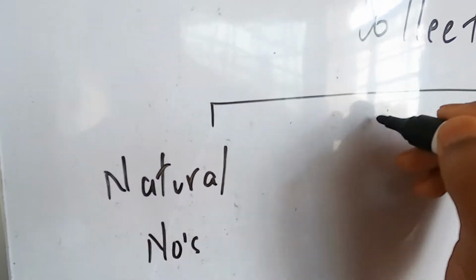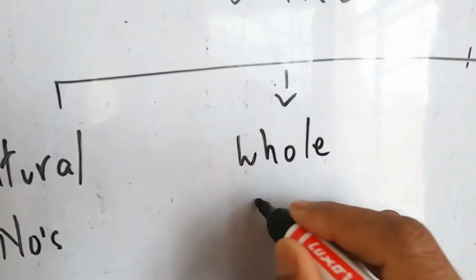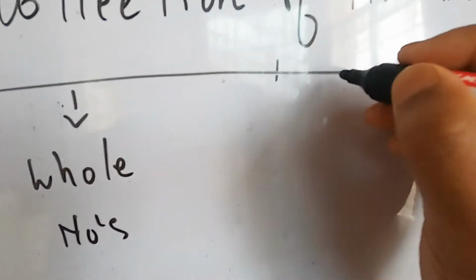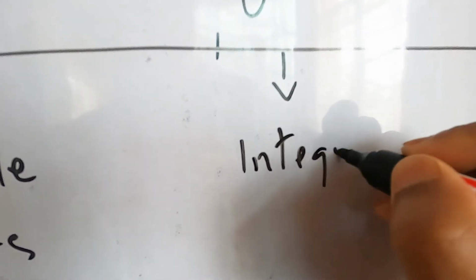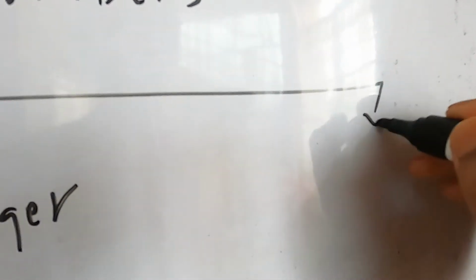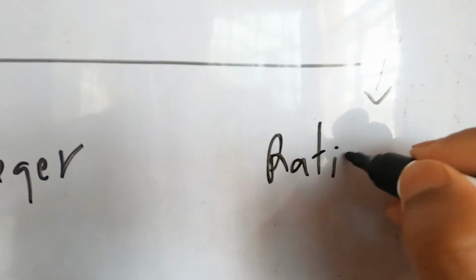Alright, so the second one will be whole numbers. Then the third one will be integers, and the fourth one will be rational numbers.